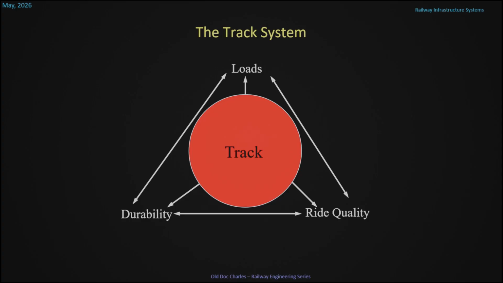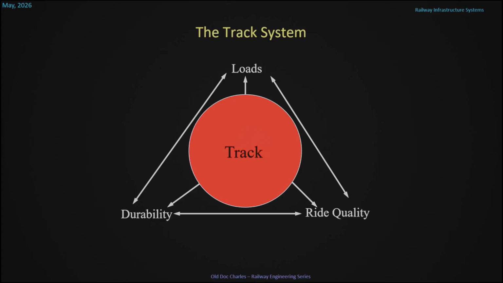You've got the durability, which is how long the track can go before it needs maintenance, how well it stands up. And you've got the ride quality, which is what the passengers want, a decent ride quality. If you change any one of these things, it's going to affect the other two.